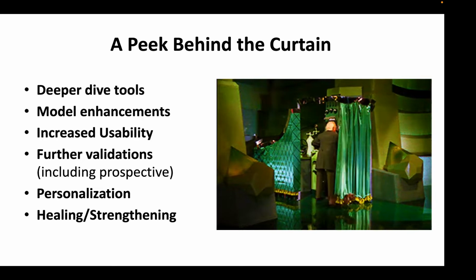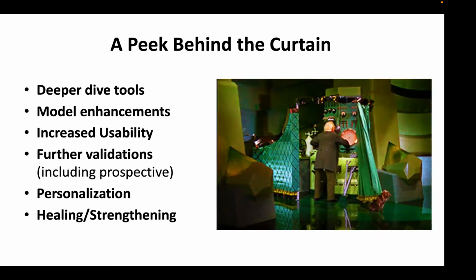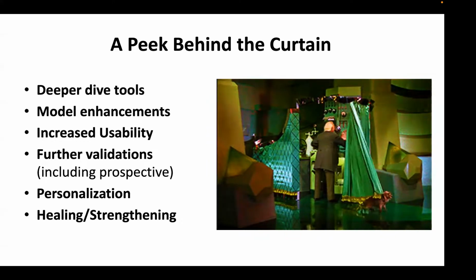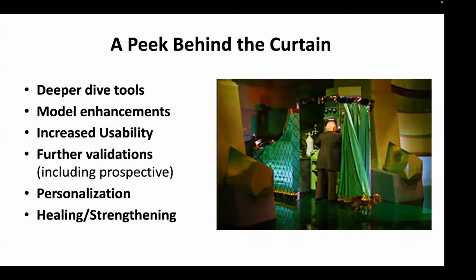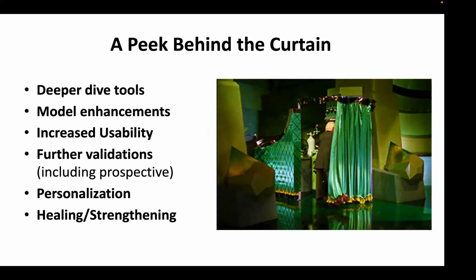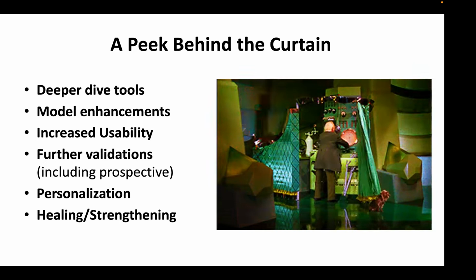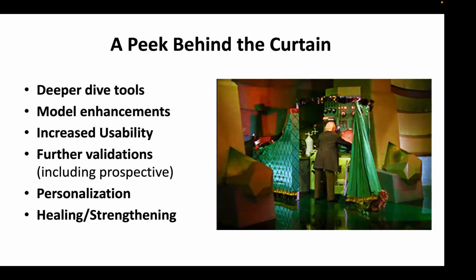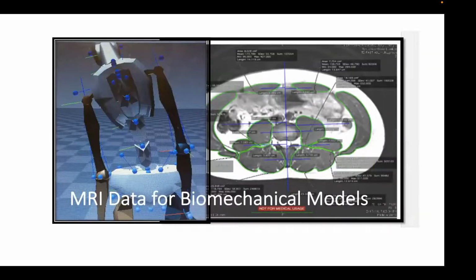We need further validation, including prospective studies. Some of the work that I'm doing, I know my brother's interested in as well, is personalization. And then the idea of healing and strengthening and even improvement for somebody who may have an injury. We go to the gym to get stronger, right? So if we increase our strength, we'll be working at a smaller percentage of our maximum at work. So these are things that we are currently working on.